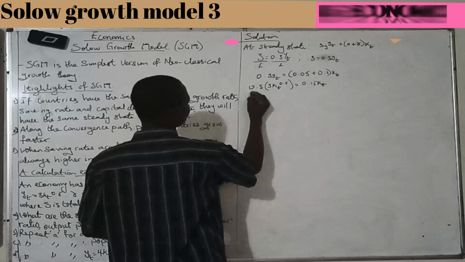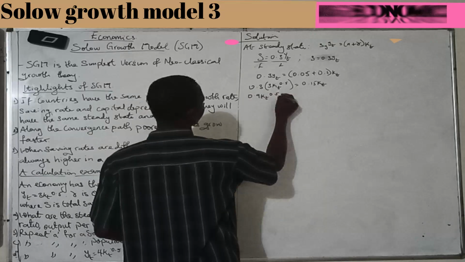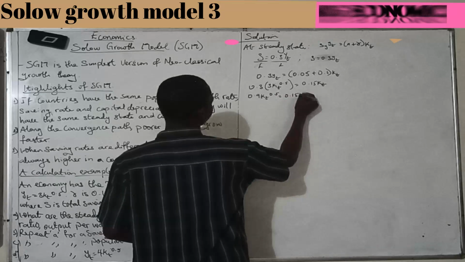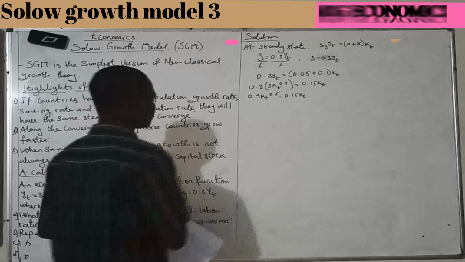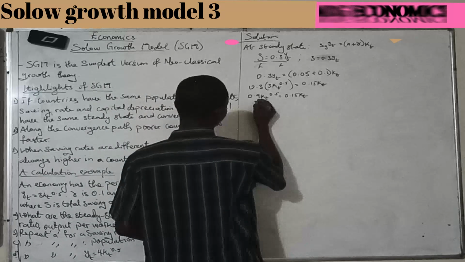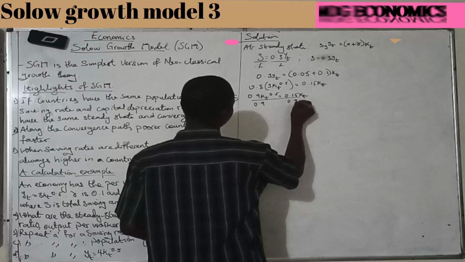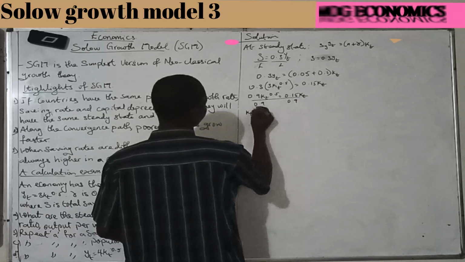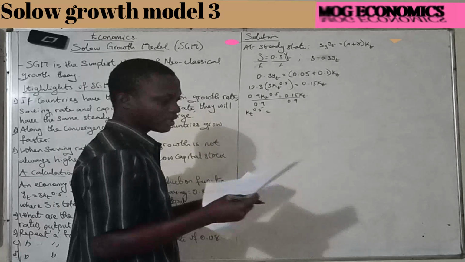So this is 0.9 KT raised to 0.5 equals 0.15 KT. What we do is divide both sides by 0.9.